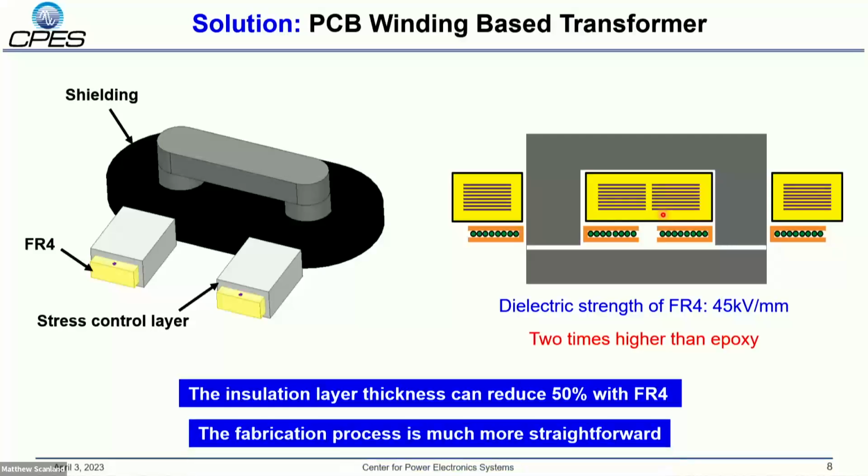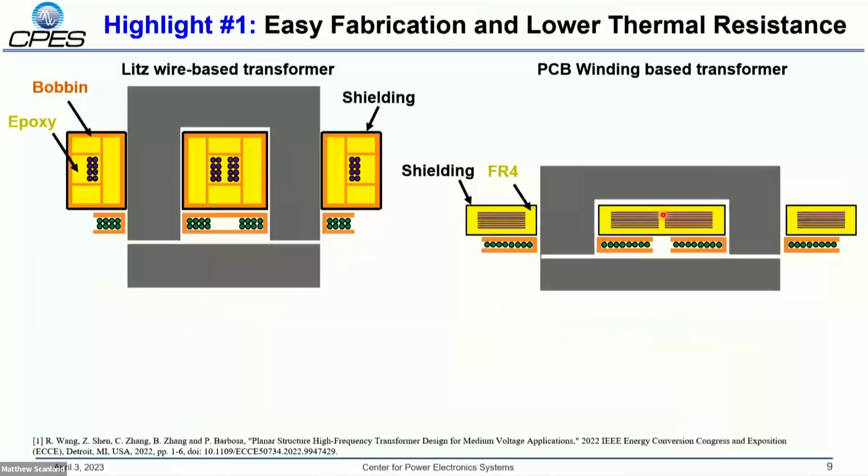And the fabrication is also much more straightforward, because we can easily apply this additional FR4 layer during the PCB manufacturing process. Here comes the first highlight of this PCB-Winding-based transformer: its easy fabrication and lower thermal resistance.